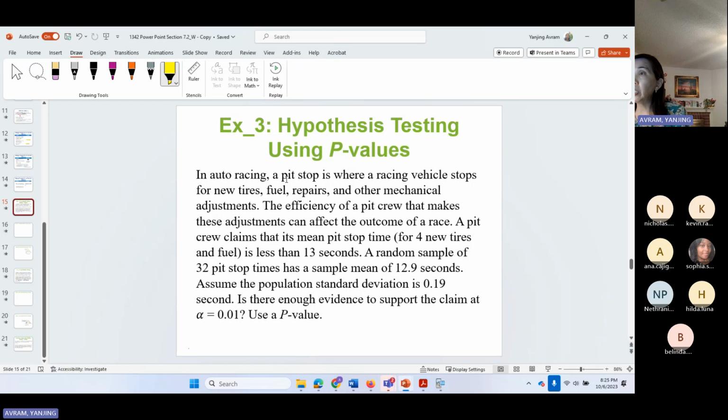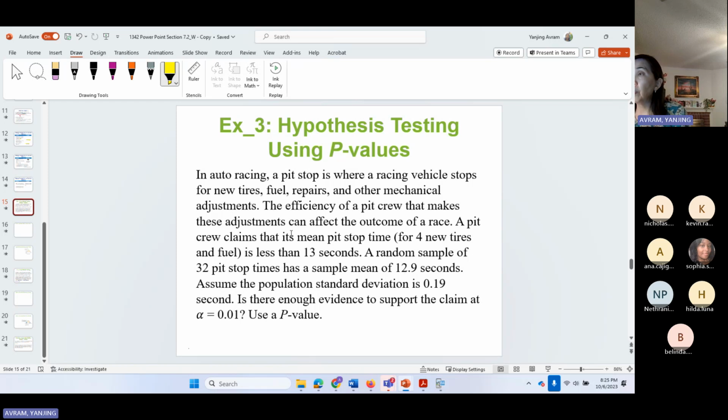In auto racing, a pit stop is where a racing vehicle stops for new tires, fuel, repairs, and other mechanical adjustments. The efficiency of the pit crew that makes these adjustments can affect the outcome of a race. A pit crew claims that its mean pit stop time for 4 new tires and fuel is less than 30 seconds.